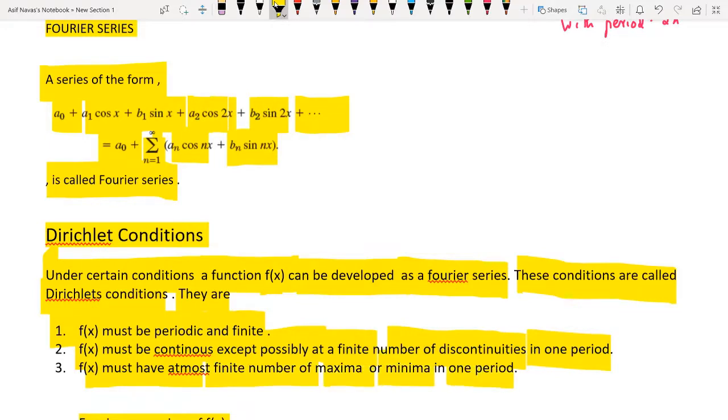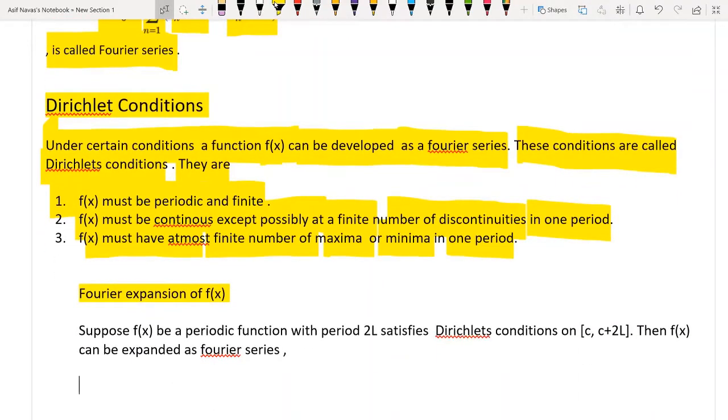These are called Dirichlet conditions. That means if any function satisfies Dirichlet conditions, then f of x can be developed as a Fourier series expansion.